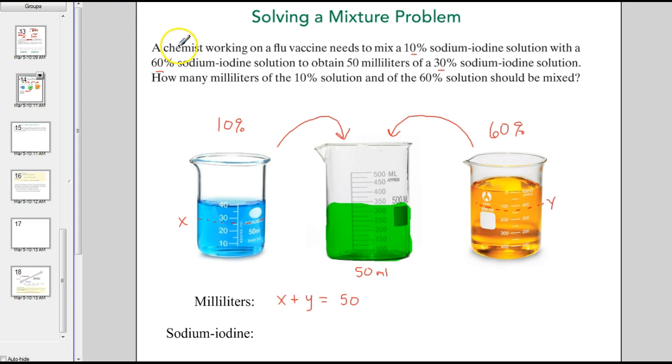Now the other part, the percentages. What this means is that 10% of the blue stuff in here is sodium iodine. Not all of it, just 10% of it. For instance, if the mixture separated and the sodium iodine, for whatever reason, was the heaviest and settled to the bottom, and this is just for instance, that's a 40, then 10% of that would be 4, which would be way down here.